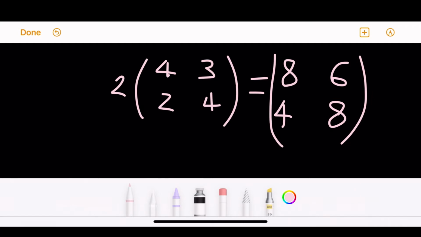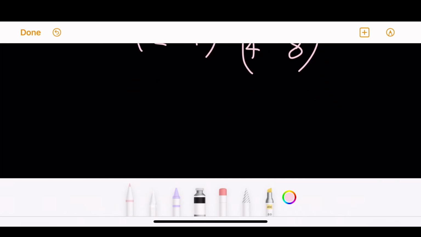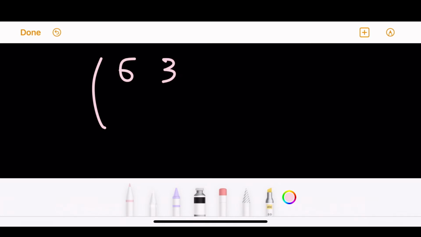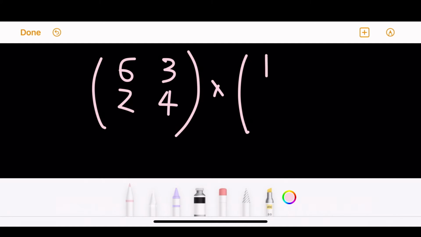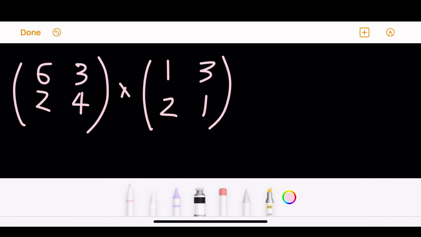But if I have multiplication of a matrix by another matrix, with two matrices multiplied together, it will be more complicated. Let's have a look at this example: 6, 3, 2, 4 by 1, 3, 2, 1. Here, what we do now is not multiply the corresponding positions.